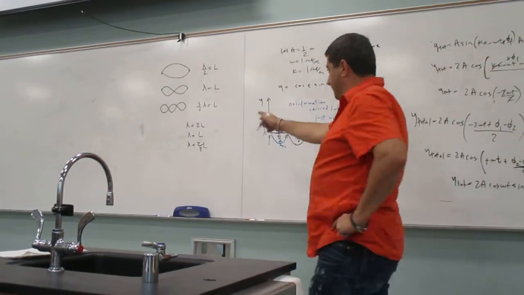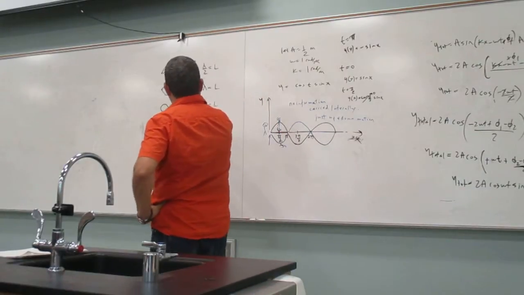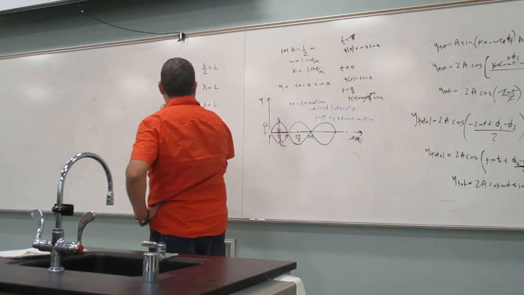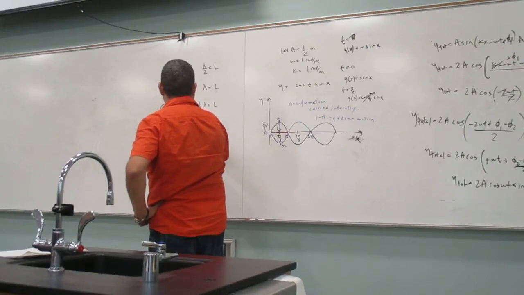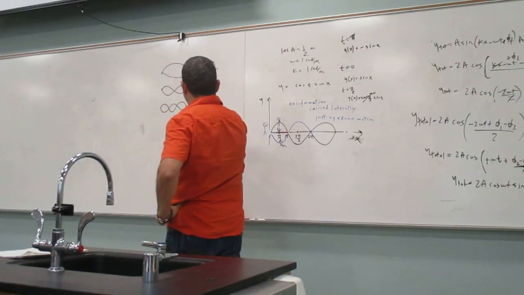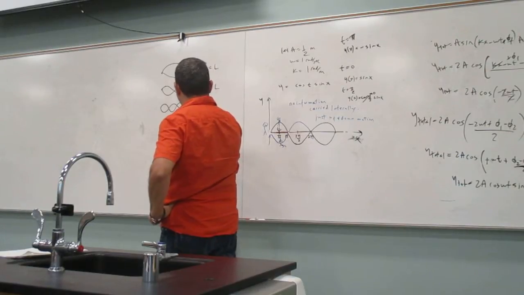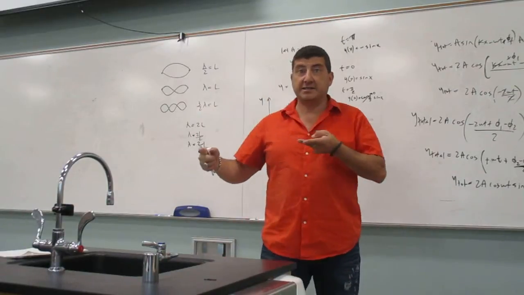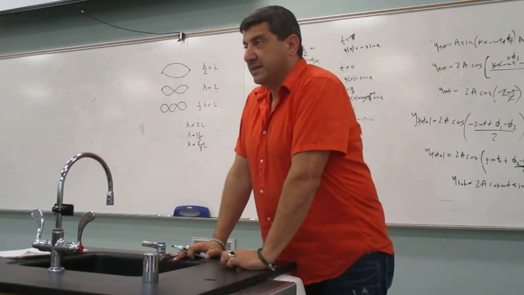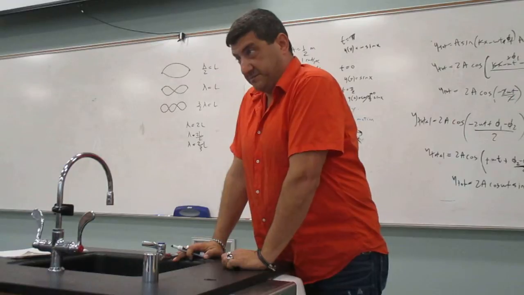How do we generalize that? So this one we say it's 2L over 1, 2L over 2, 2L over 3. You see? So then we find a certain pattern so that we can write that as something with an n in there, right?